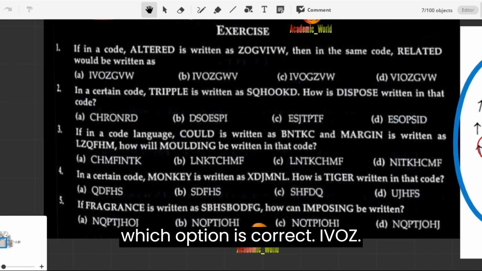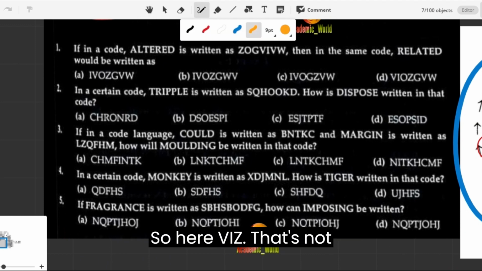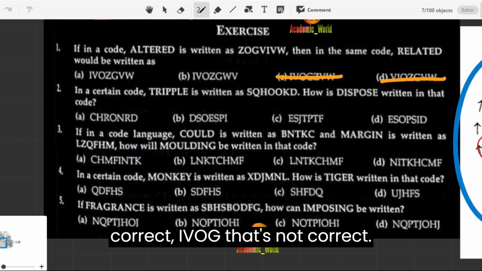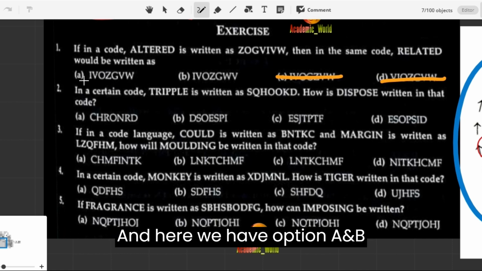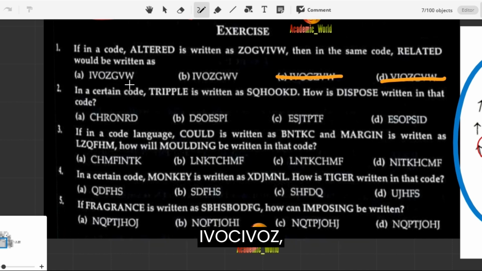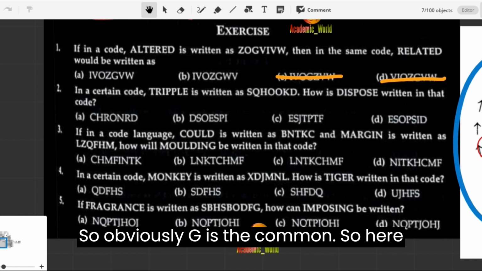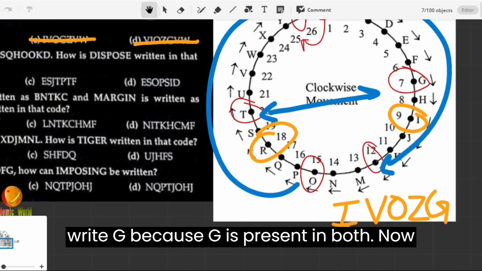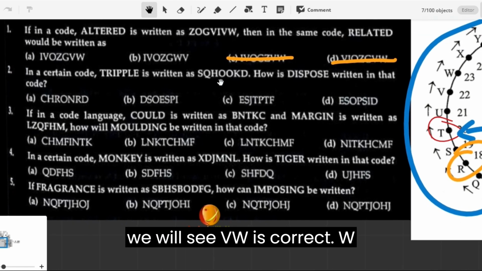I, V, O, Z. So the option V, O, I, Z is not correct, and I, V, O, G, Z is not correct. Between options A and B, I, V, O, Z, G, V, W and G, W, V, G is common, so we write G. Now we see whether VW or WV is correct.